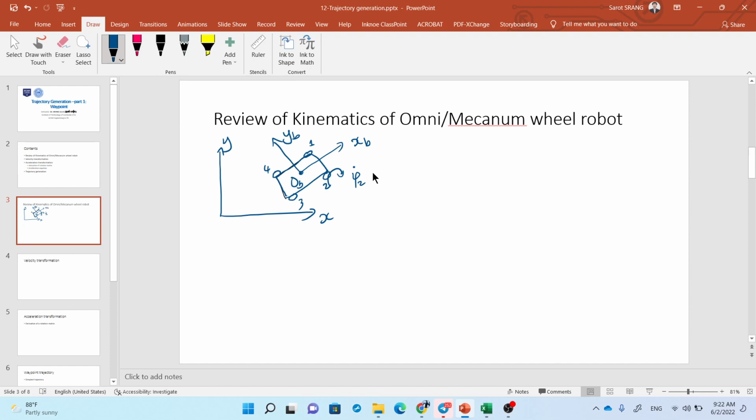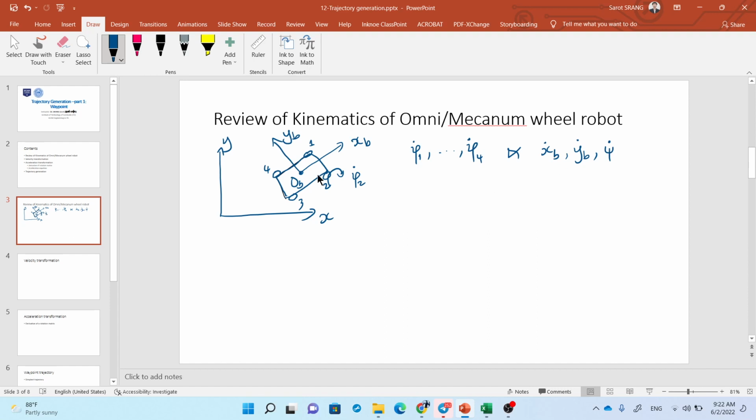So the relationship between phi one dot up to phi four dot and xb dot, yb dot, and psi dot.